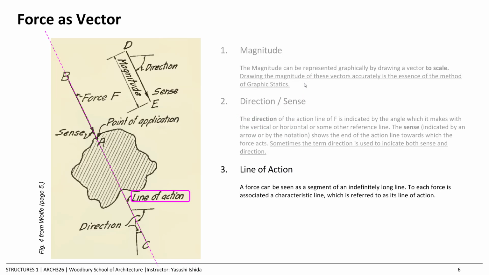I'll explain more after the next slide, but basically force is acting along this line of action, and wherever you apply that force, as long as it's on this line of action, the effect of that force on its body is the same.